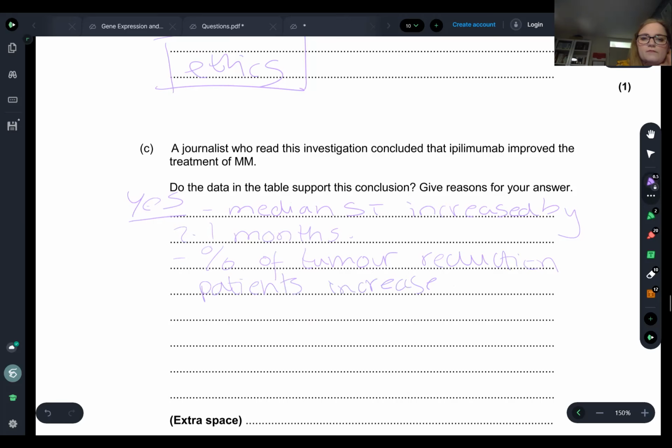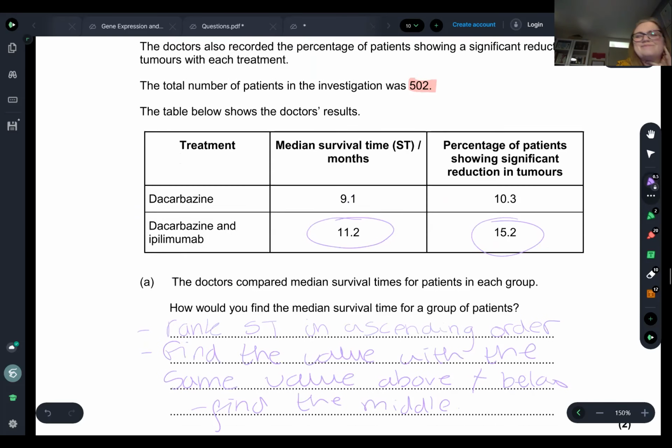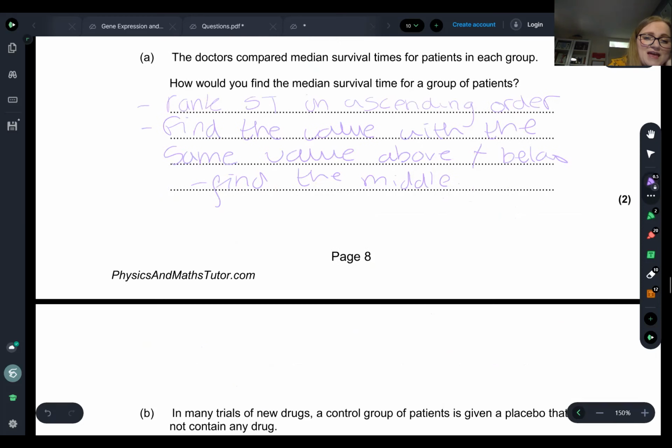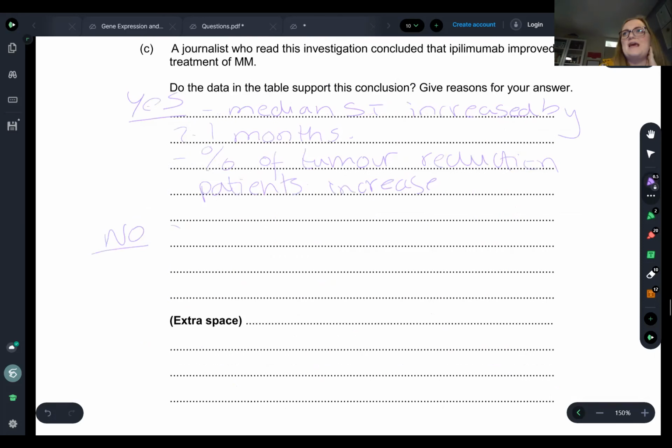However, this is where you're going to get your other 2 marks from. No. We've used the median. The problem with the median is we don't know what our standard errors are. There's no statistical tests carried out. We don't know if this is due to chance. We sort of don't really know. So there's a lot of different variables here, so anything along the lines of these potentials.